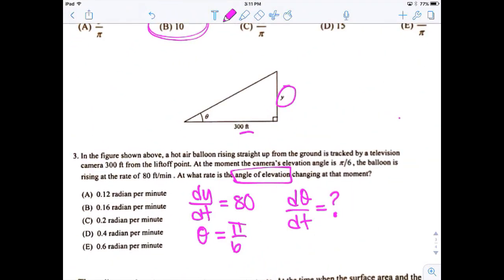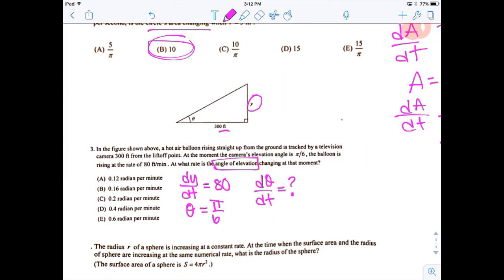So we need some kind of equation that's going to relate theta and y together, because I know that those are related here. When I think about that, especially because I know this 300, I'm thinking tangent. So tangent theta is y over 300, because it's opposite over adjacent. That 300 never changes, so I can leave it that way.